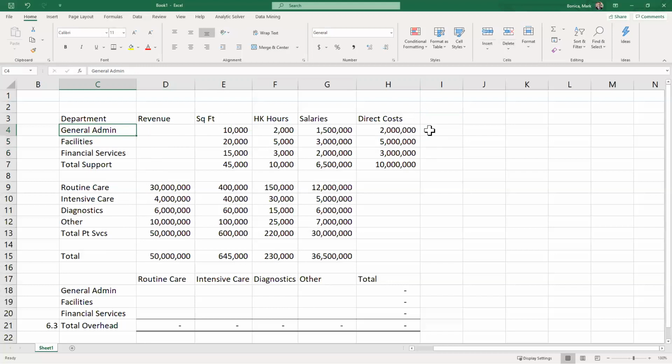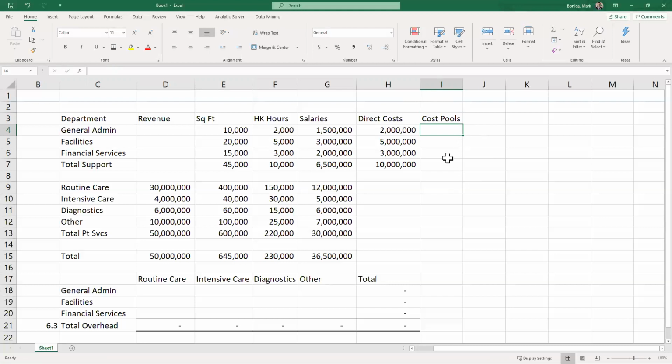When we go to calculate the allocation rates, we're going to do our allocation process. The first thing we need to do is establish our cost pools. What is the cost pool? It's going to be all of the direct costs associated with each of our cost centers, so each of the cost centers is going to have a cost pool.